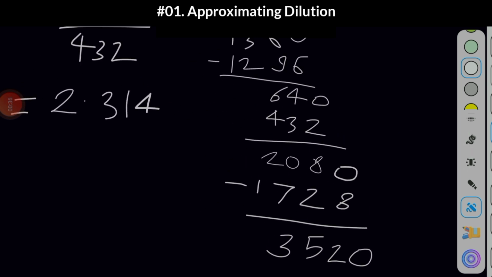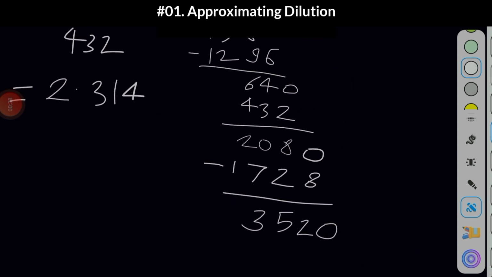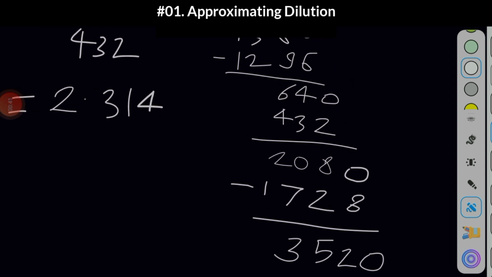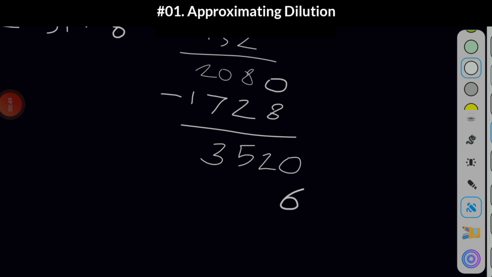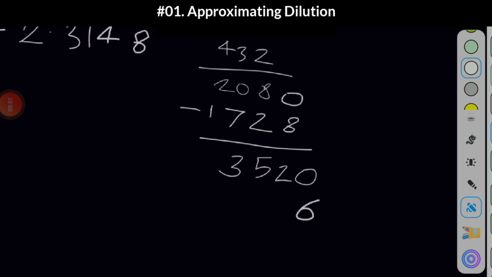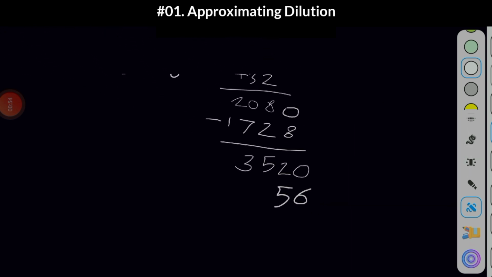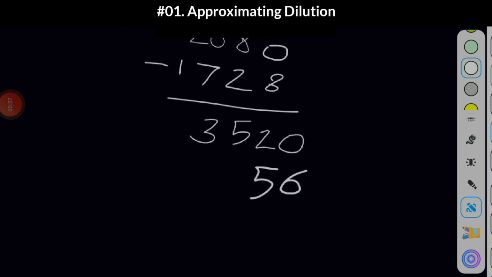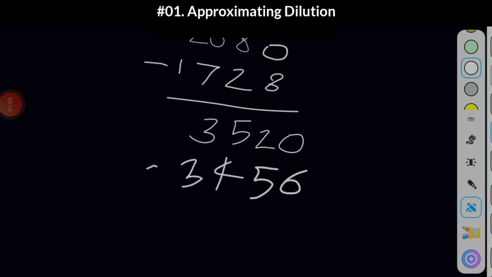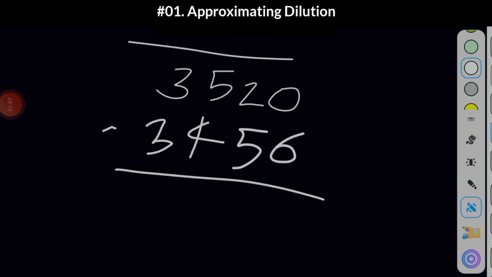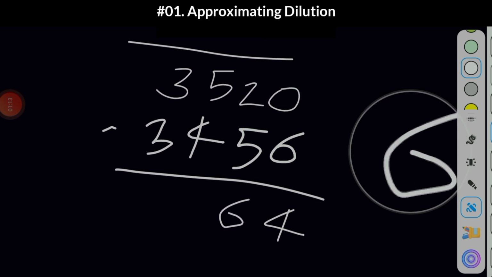Now I know it's a bit irritating, but we have to do this. Since it's 35, it cannot be 9, so it has to be 8, and 2 8s are 16, 1 carry over, 3 8s are 24, 2 carry over, and 8 4s are 32, so that's 34. And when we subtract this, interesting enough, we get 64.